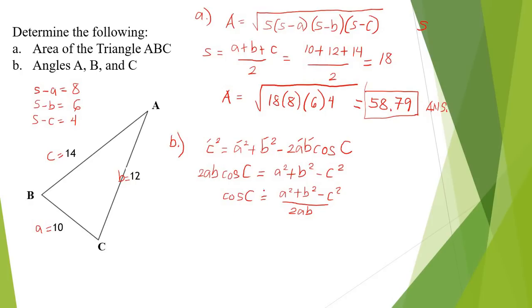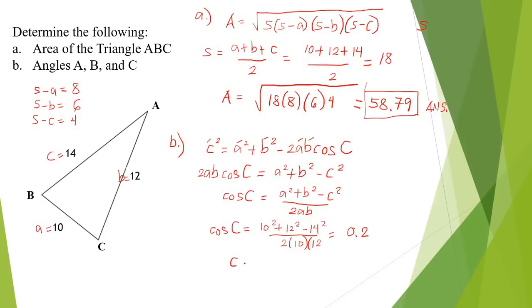So substituting the values, we have cosine of C equal to our A is 10 squared plus our B is 12 squared minus 14 squared over 2 times 10 times 12. This gives us cosine C equal to 0.2.